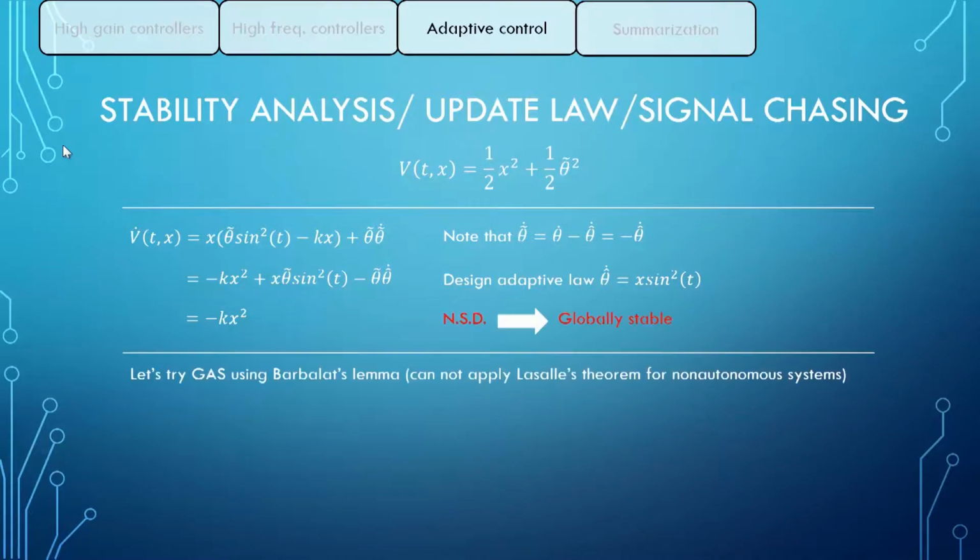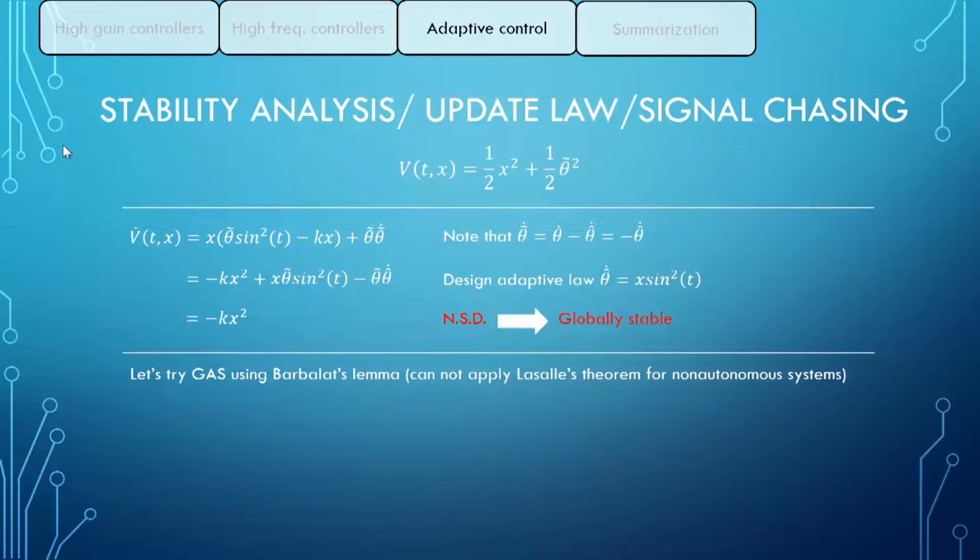If you use this to find the invariant set, you will say the invariant set is x equal to 0. But remember, V is a function of time and x, not just x. It also depends on time. The concept of invariant set we introduced is for autonomous systems.